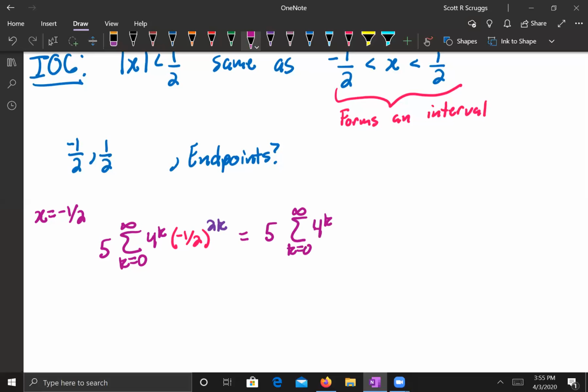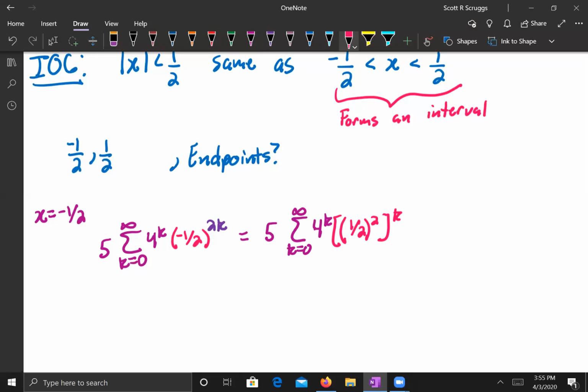I have a product of two powers, so I could rewrite that as taking 1/2 squared and then reminding myself, oh, that's being raised to the kth power.